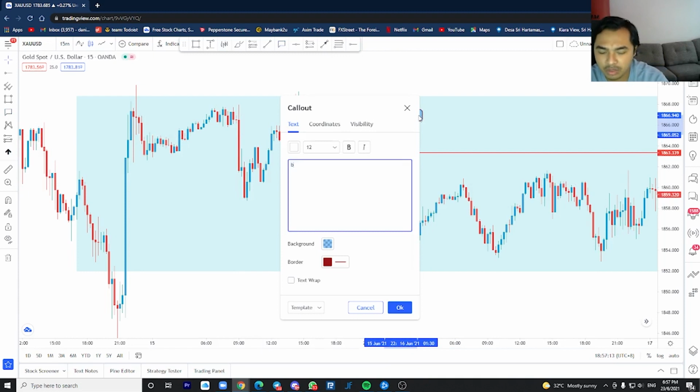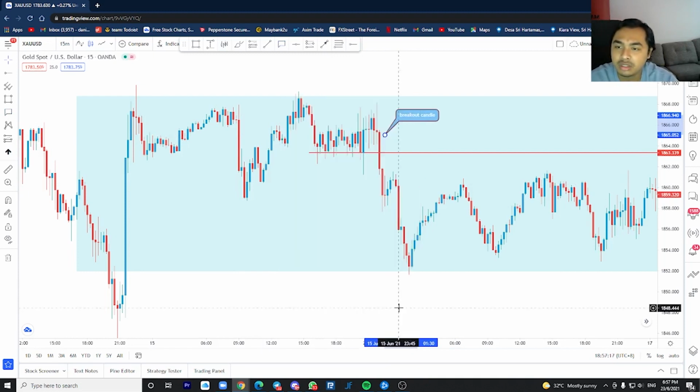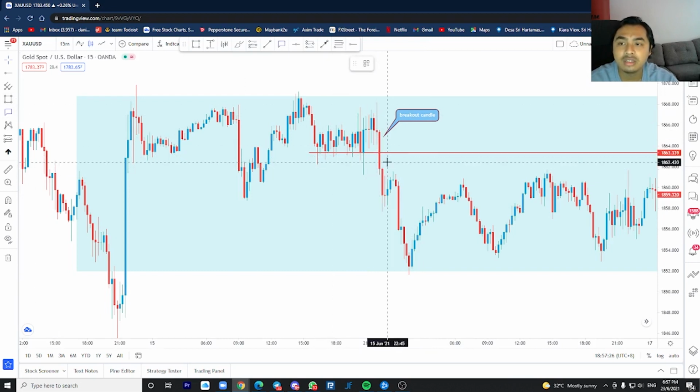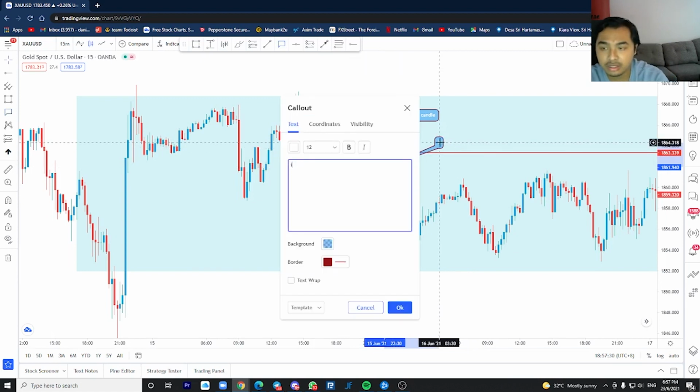So this is what we call our breakout candle. All right. So number two is after the breakout candle, we want to instantly be placing a sell on the next candle. The candle after the breakout is where we place our sell. Instant sell after breakout candle.